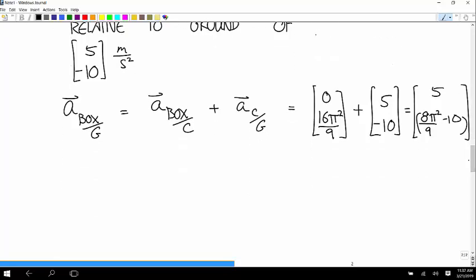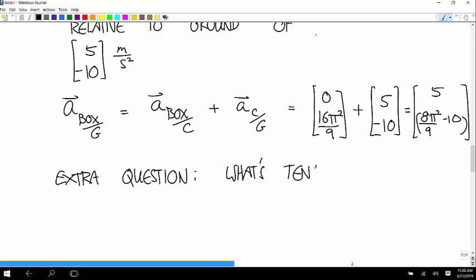Okay, now here's an extra question. What's the tension in the cable?